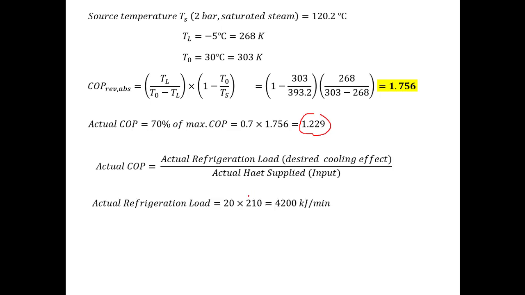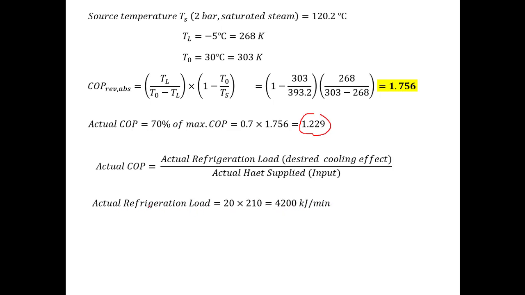Now we know that the actual refrigeration load is given, which is 20 tons of refrigeration. We multiply that by 210, which we derived in our first class: 1 ton of refrigeration in terms of kilojoule per minute is equal to 210. So if we multiply, we get 4,200 kilojoule per minute.